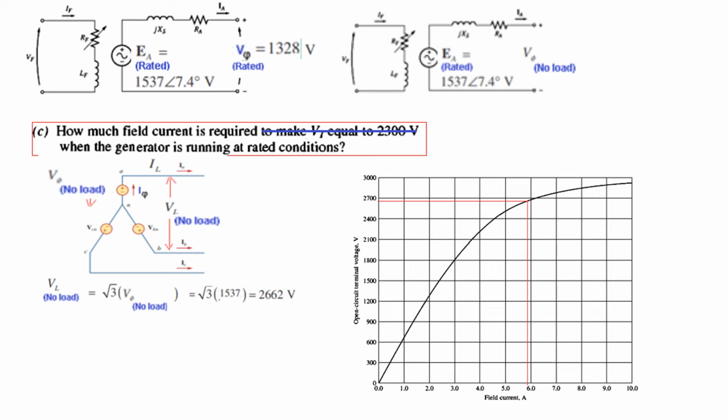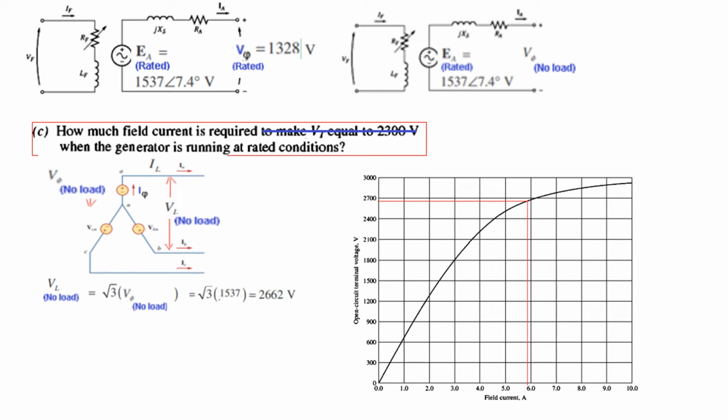So the V line no load now will be 2662 for this condition, because this was the rated condition. Now to maintain this rated condition, we have to generate the line voltage of 2662.